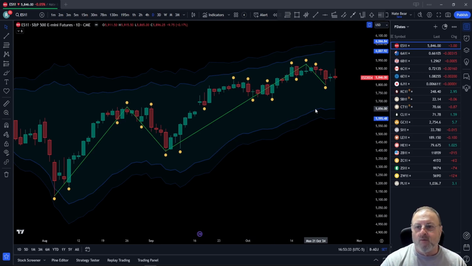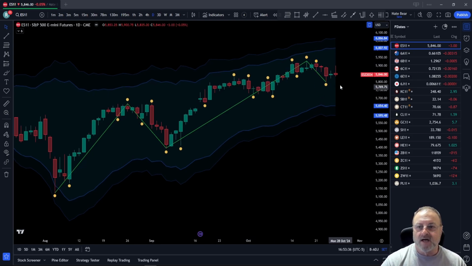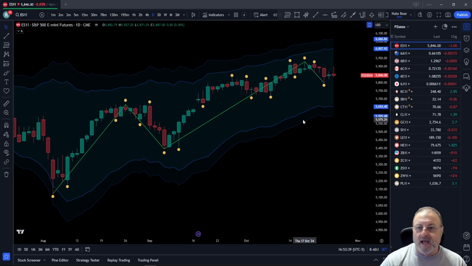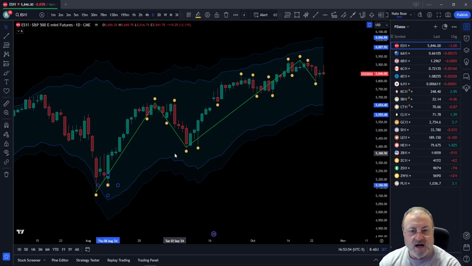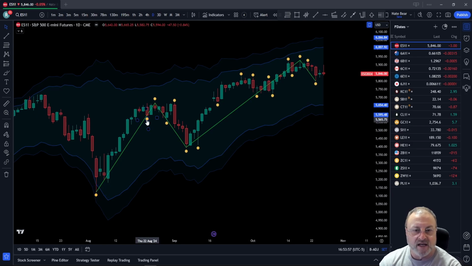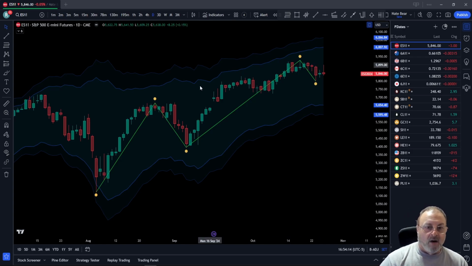In bear trends, we want them both. We want to see lower swing tops, lower swing bottoms. And in this case here, you can now see that the overall trend is definitely bullish, because if we went ahead and removed all the swing bottoms and tops that are not connected with the lines, we're left with these.